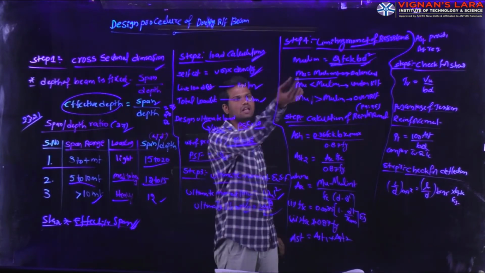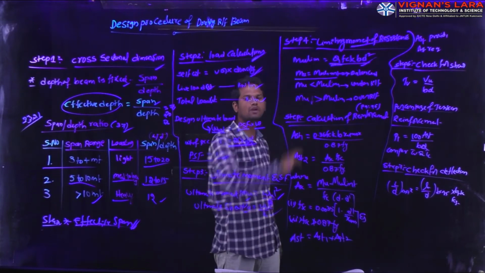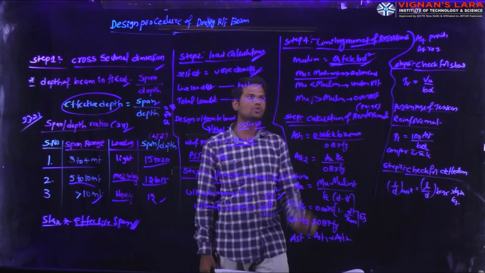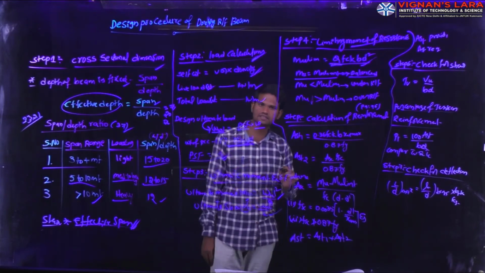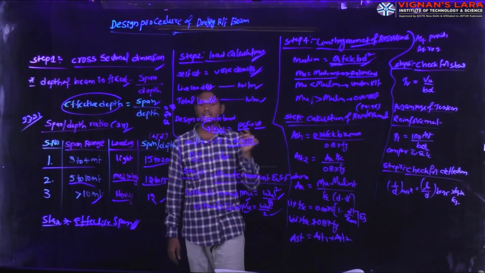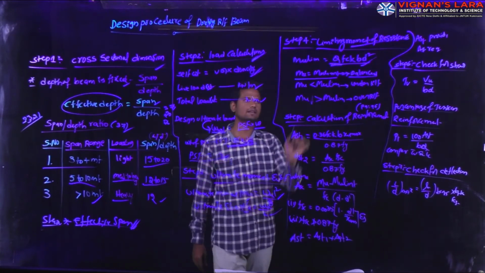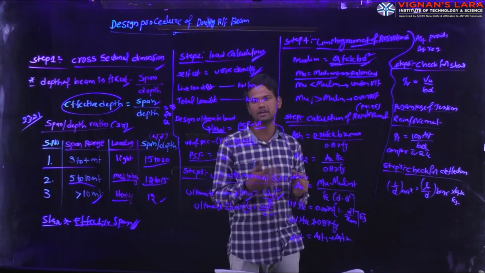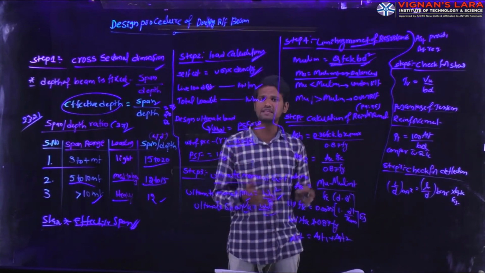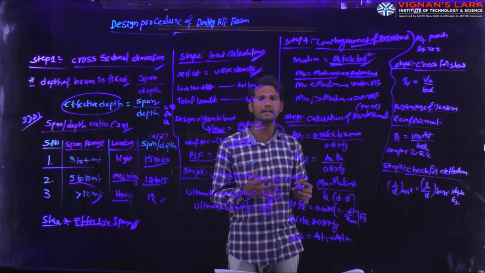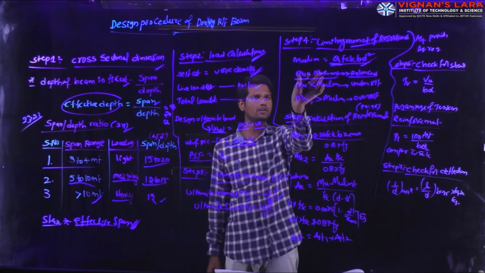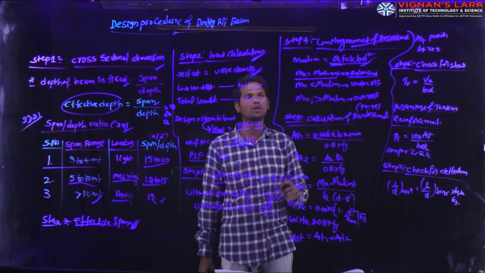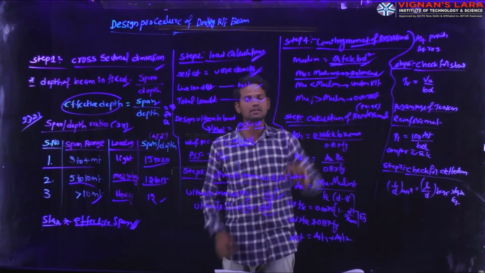That means the applied moment will be equal to the limiting moment. In those conditions, we can say the beam is a balanced section. For a balanced section, doubly reinforced beam we have to design. In a balanced section, we already know the different types of assumptions. The major assumption is steel and concrete will fail simultaneously at a time. If your moment Mu is equal to the Mu limit, this section is a balanced section.